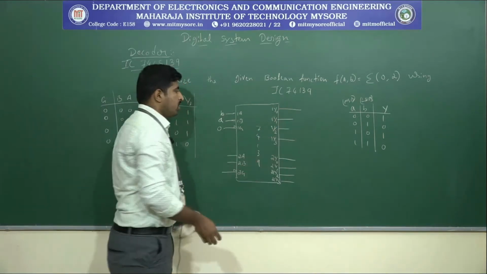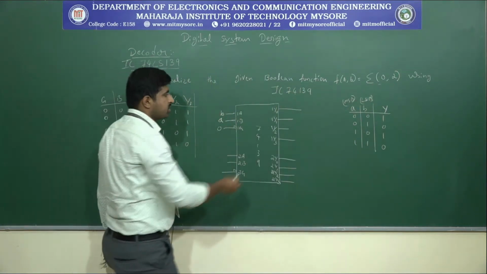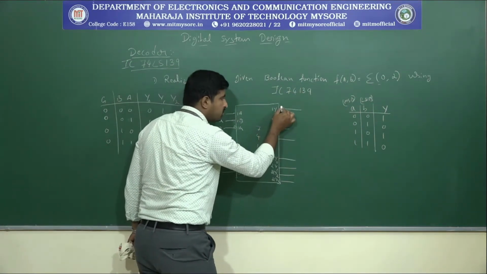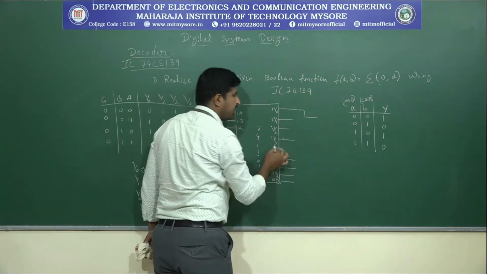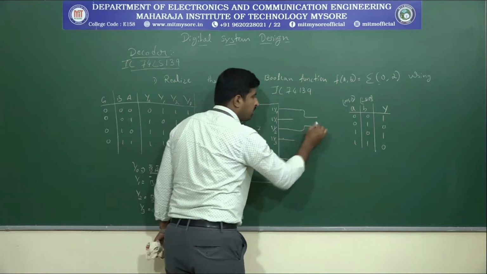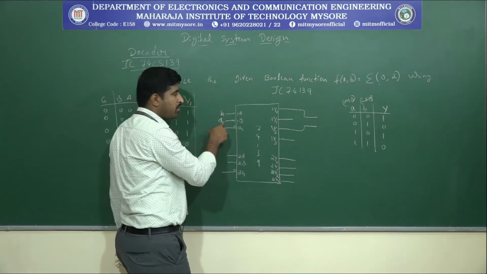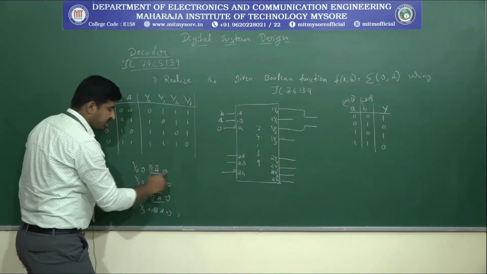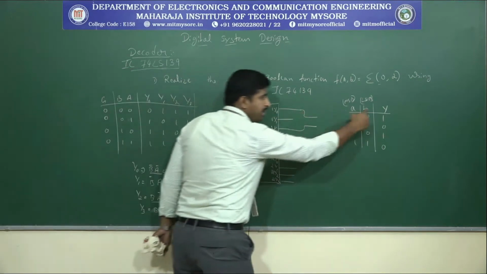See, to implement any Boolean equations, any two variable Boolean equations, this corresponds to the row numbers 0, 1, 2, 3 actually. So by considering the row number 1 and the row number 2. Okay, because BA is written here, the interconnections will be changed. Here BA is there, and similarly here AB is there.